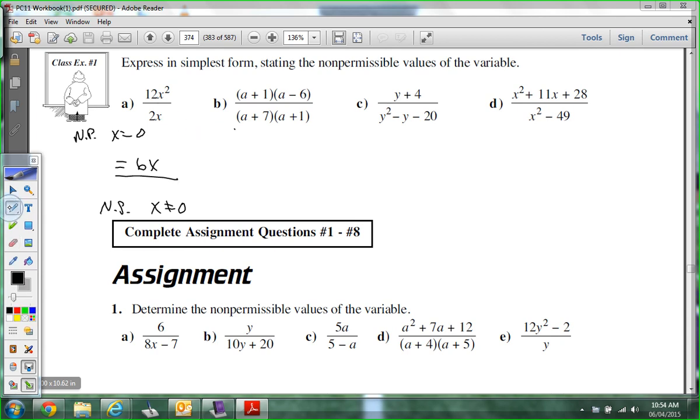Okay, so Carson, give me one of the two non-permissibles on B. A can't be negative 1. Okay, good. And Jordan, what's the other one?